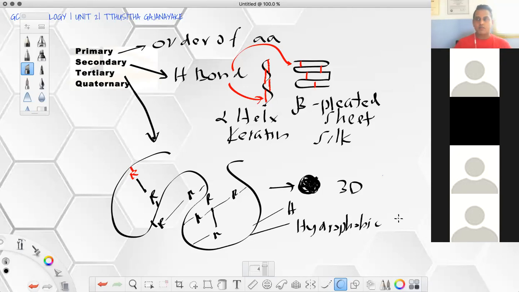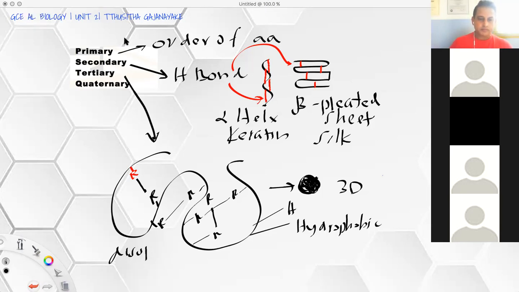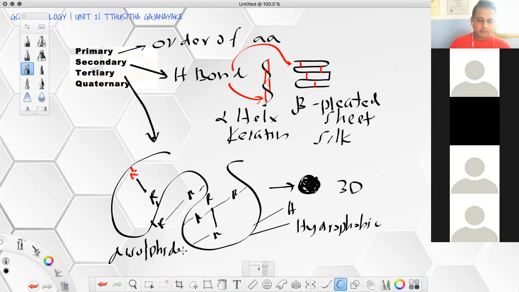If there are a lot of carbon and hydrogen chains in the R group, they can make a hydrophobic bond. And some amino acids have a sulfur group, they can make a disulfide bond. And some can make ionic bonds.